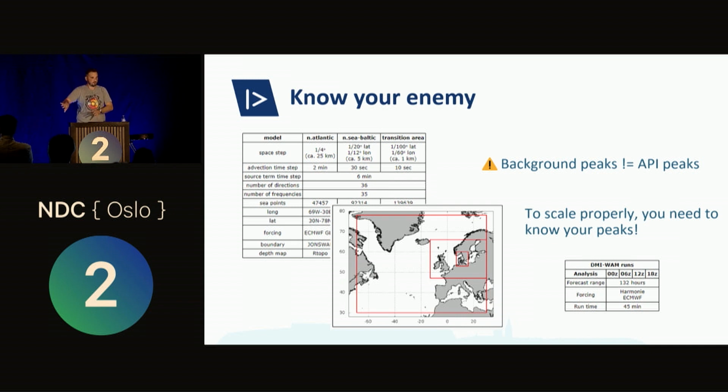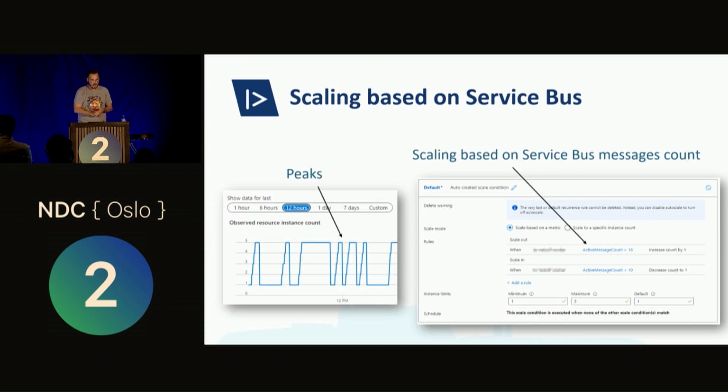But in the background, there can be nothing happening because you have all the forecasts already stored, so you don't care. It's just in the background. It looks nice and smooth and steady. But on the API, it's a really big mess. So be aware that background peaks and API peaks are not one to one. It's not the same stuff.